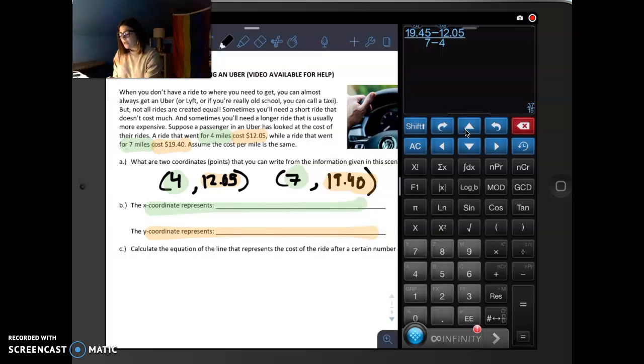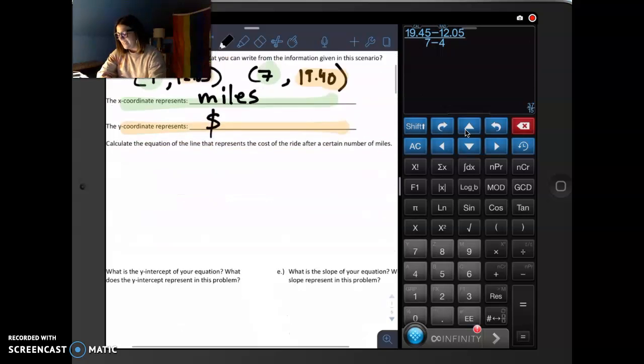The x coordinate represents the number of miles that the car has gone, and the y coordinate represents the cost of the ride, or dollars. So this is me getting more and more lazy, and I hope you can come on my lazy mathematician journey with me, because great mathematicians are very, very lazy.